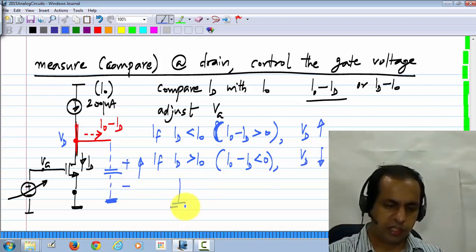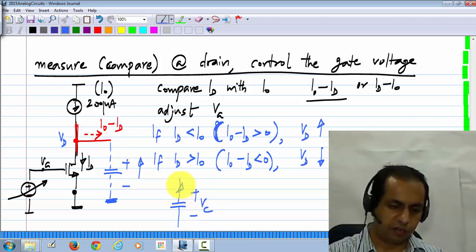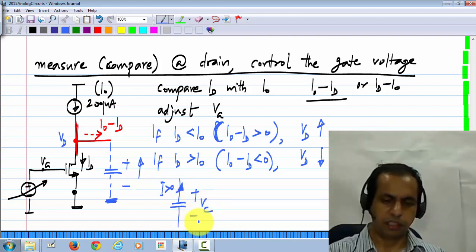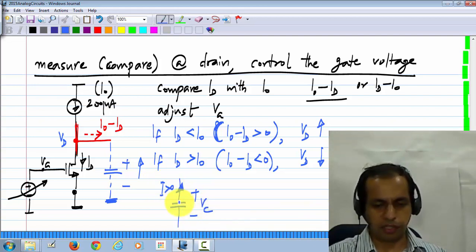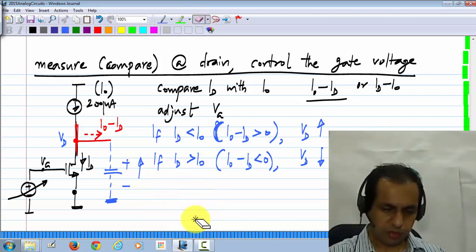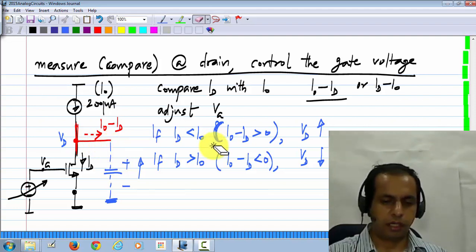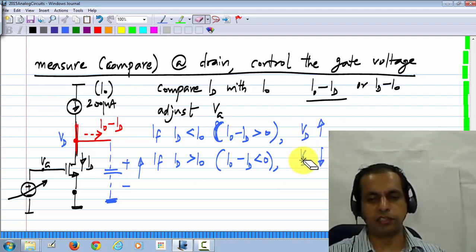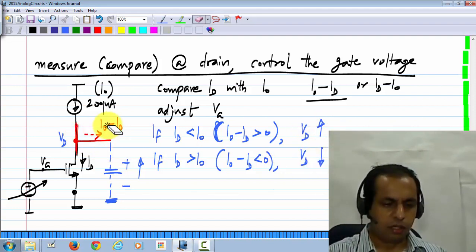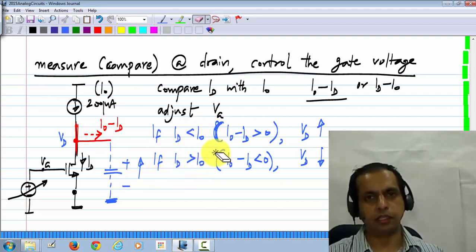That is, if you have a capacitor, you are measuring the capacitor voltage like this, and if you have a current in this direction, this VC goes on decreasing because you are taking charge out of the upper plate. So this is what we need to know: that VD increases or decreases based on whether I naught is more than ID or I naught is less than ID.